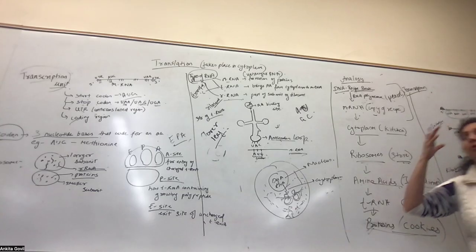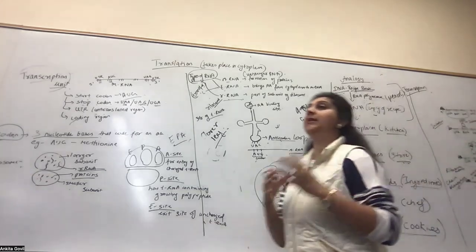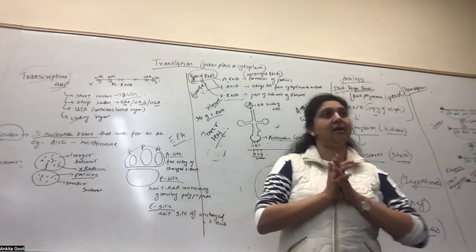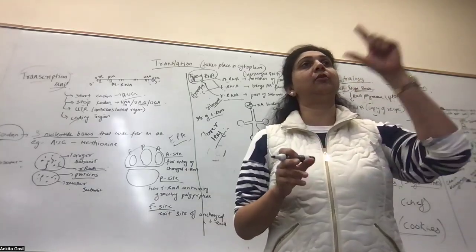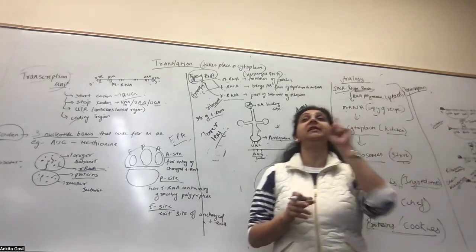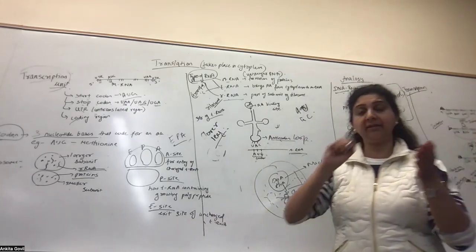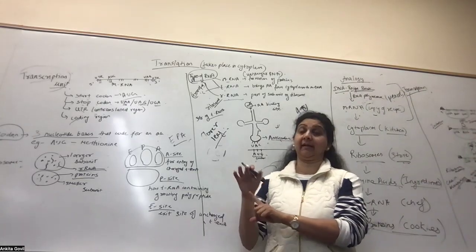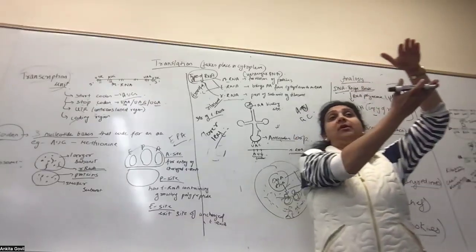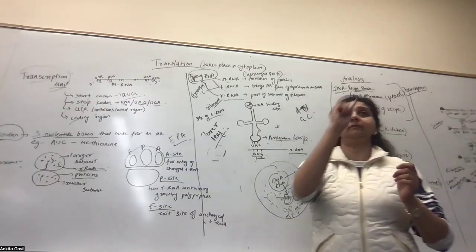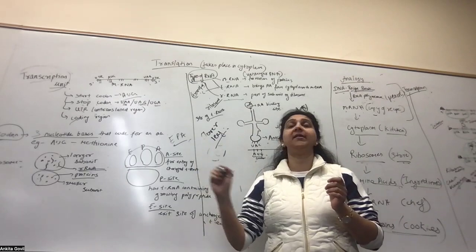So if we recap the whole thing one more time, we want to make cookies in the kitchen. We have the whole recipe book with us, but we need just one recipe. So from the whole recipe book, we copy down just one recipe for making the cookies. The recipe book is the DNA. Copying down with the pencil is the RNA polymerase.